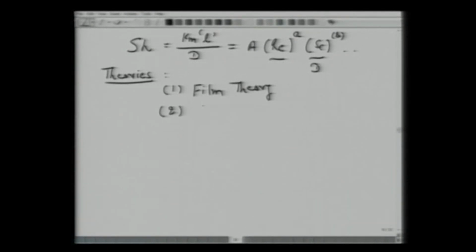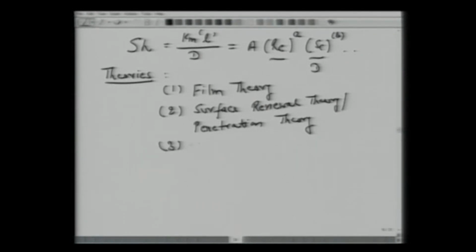Second is surface renewal theory. A very similar or extended form of this is known as penetration theory, and third is boundary layer theory.